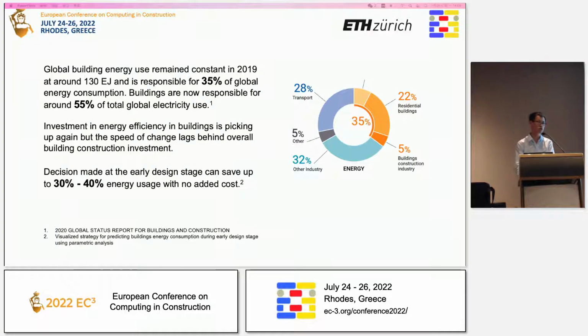So it's crucial to conduct the energy performance analysis during the early design stage. Existing studies have shown that decisions made at the early design stage can save up to 30 to 40% of energy usage with no added cost.